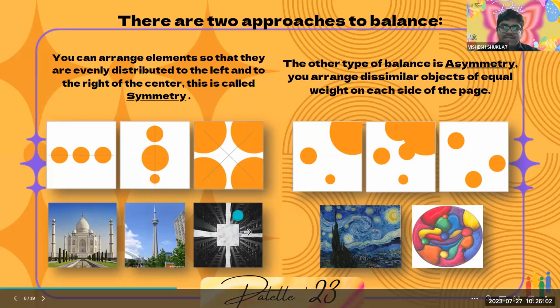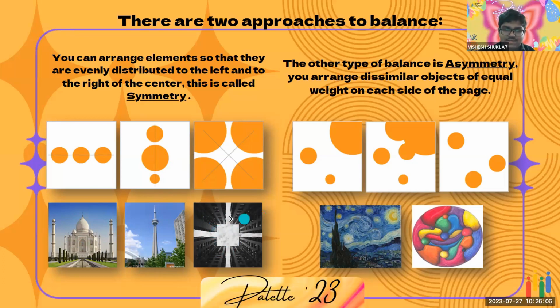Then there's a building complex with four different buildings at equal distances, and it really looks symmetrical. So you see how all of these look very appealing to the eye, and how it makes the person really interested in what is being shown.